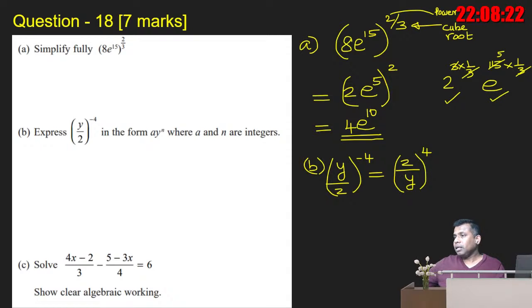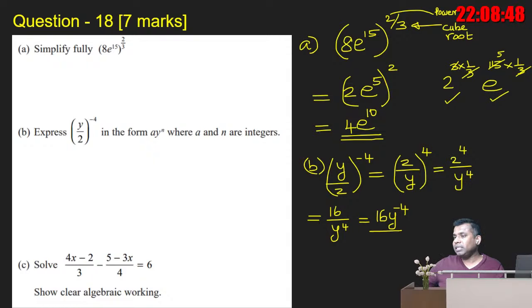Does it make sense? Now what we are going to do is, this 4 belongs to both of them. So 2 to the power 4 and y to the power 4. 2 to the power 4, we all know it's 16, so 16 over y to the power 4. Now they're asking you to bring the y to the power 4 to the top, so that becomes y to the power minus 4, right?